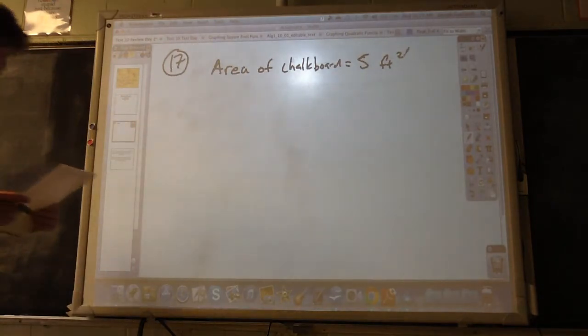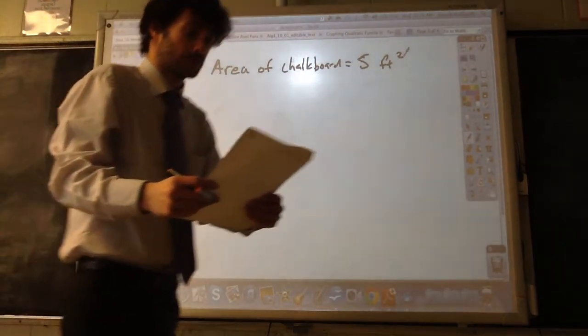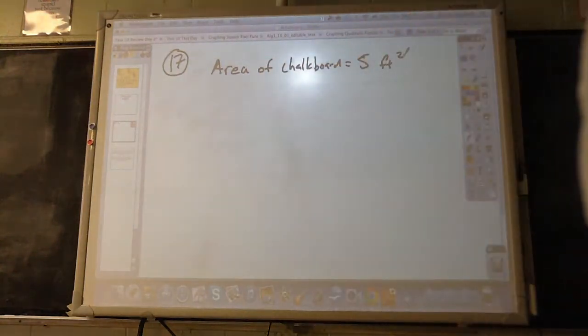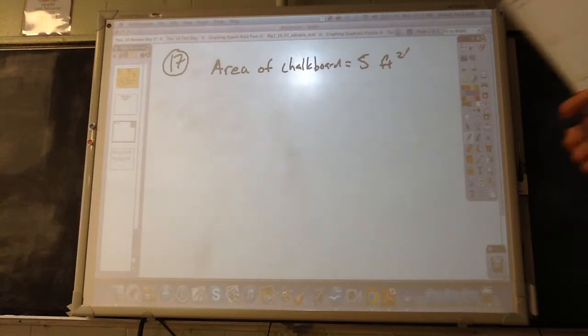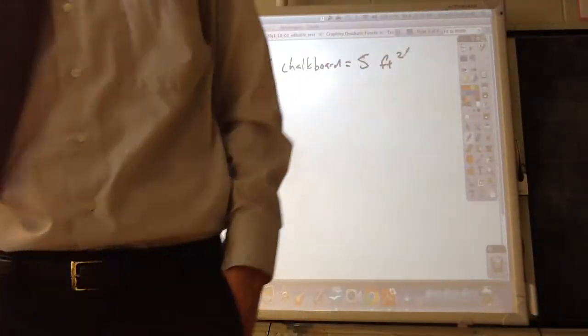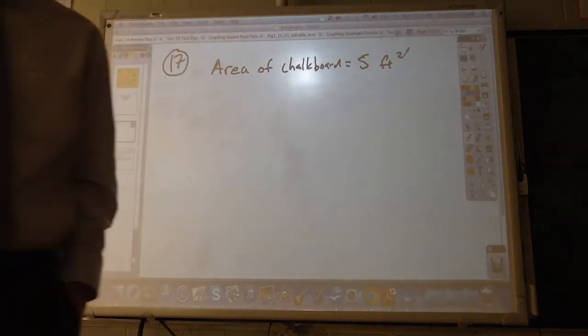And I know the dimensions of the chalkboard part, but they're going to have X in them. I know the length of the chalkboard, but it's going to have an X in it. Can somebody tell me, we'll call it the height so that we're being clear, how to express the height of the chalkboard part as an expression with an X in it?